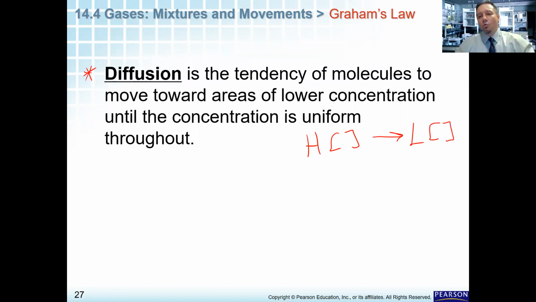Those are brackets. We're going to be talking about that upcoming here in the next chapter. So that's a concentration. So high concentration to low concentration, and that is how diffusion works. So diffusion is a tendency of molecules to move towards areas of low concentration.